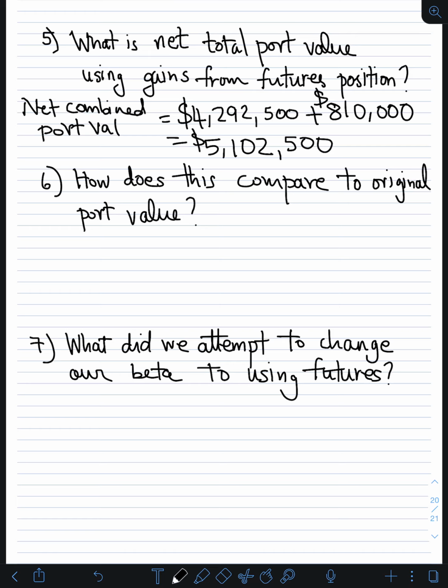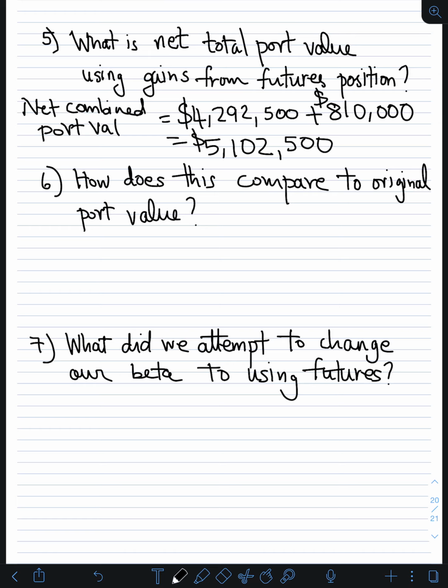This is very close to our original value of 5,050,000. We were just a little bit off. We're trying to achieve a goal of not having our portfolio value move at all. So the best case scenario would be that we have 5,050,000. We have 5,102,000, so we are very close. So our hedge has worked.